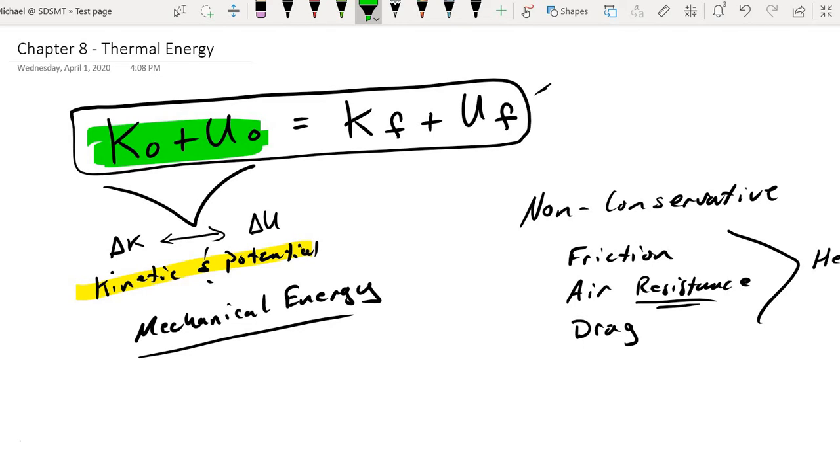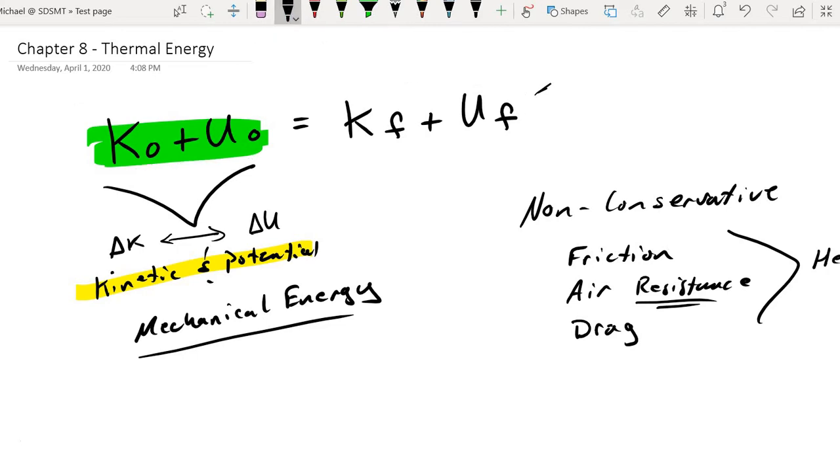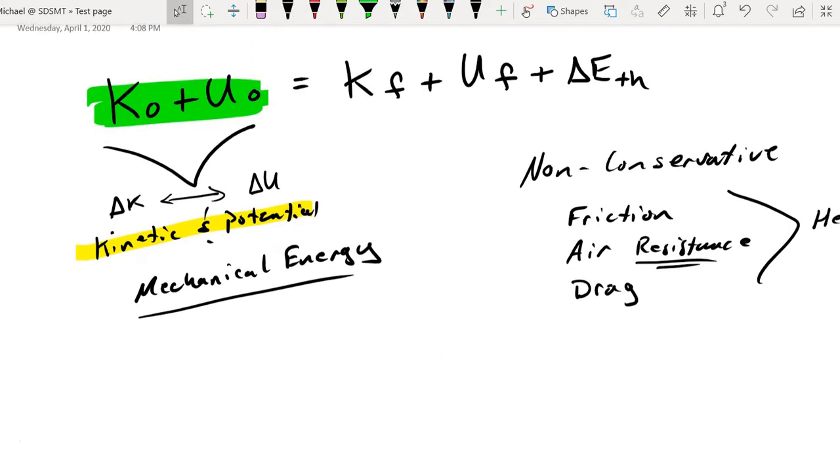If we're going to generate thermal energy, then we're going to have to treat that like a byproduct and add it to the other side. And the main consequence of this is that the initial mechanical energy of our system is going to be larger than the final mechanical energy of the system.